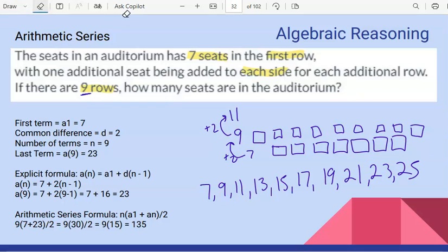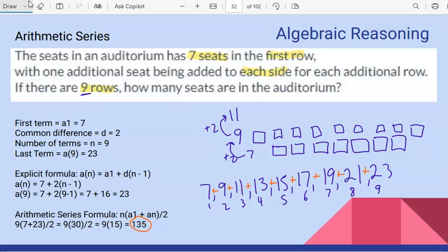And then that's too many rows, so let's go ahead and erase this one. So that's 9 rows. We have the first row, second row, third row, fourth row, fifth, sixth, seventh, eighth, and ninth rows. From there, you just add those 9 numbers together. You should get 135.